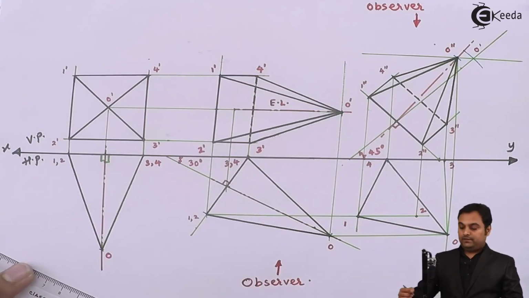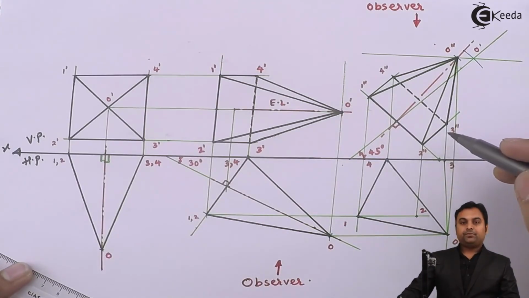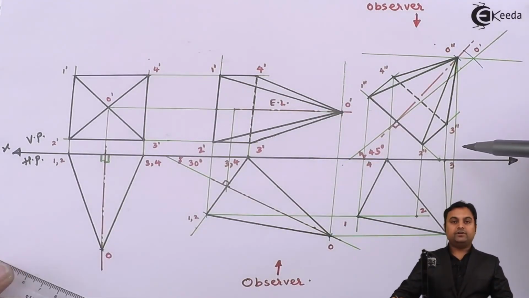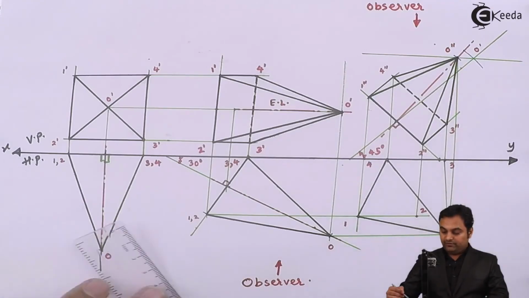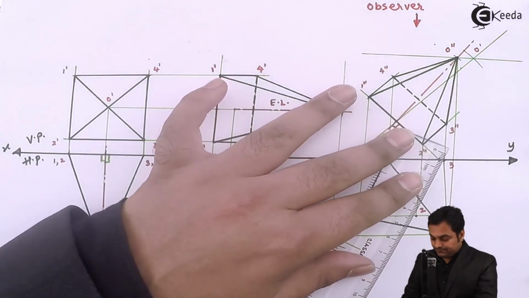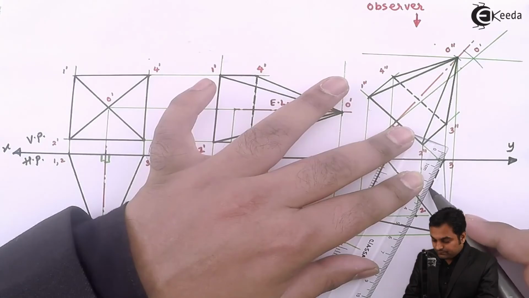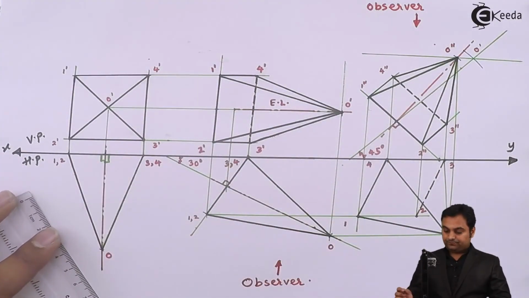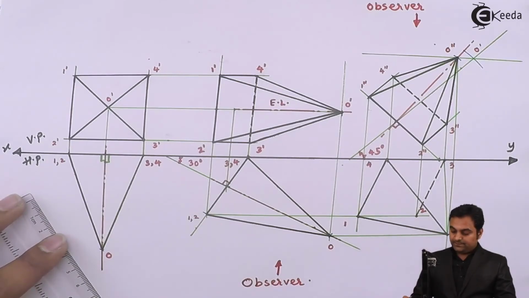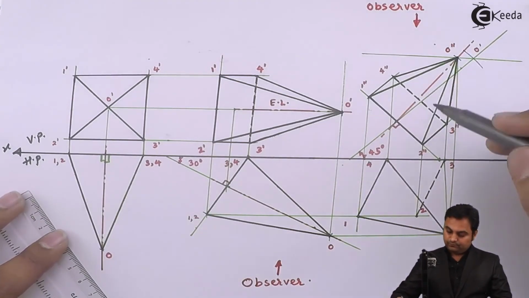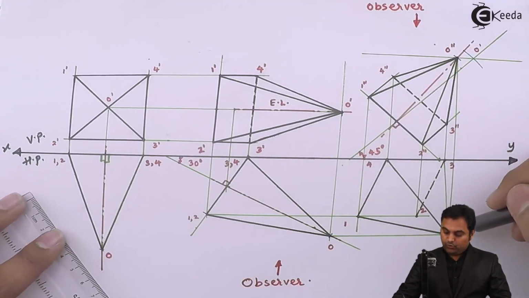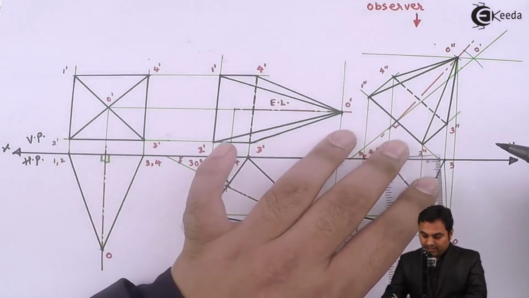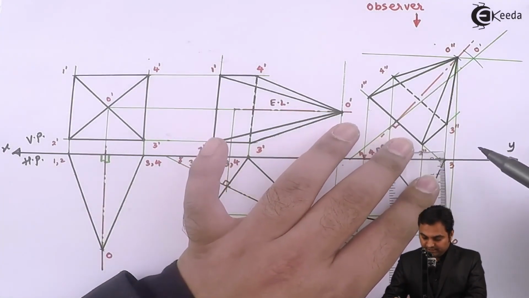Next, this edge 2 to 3 is going behind the observer, so edge 2 to 3 will be hidden. Next, after this, 3 to O, that will be dark because it is the outline.